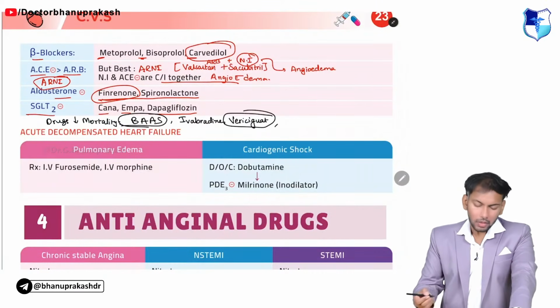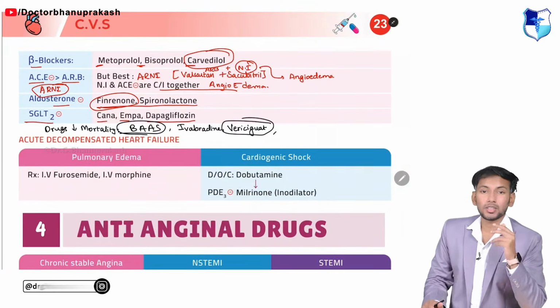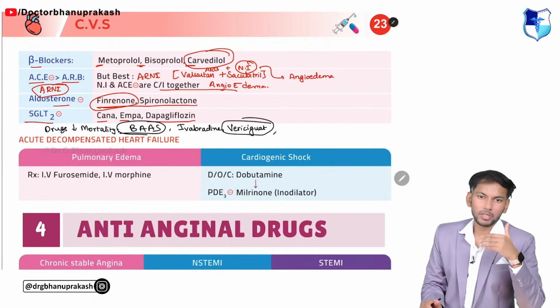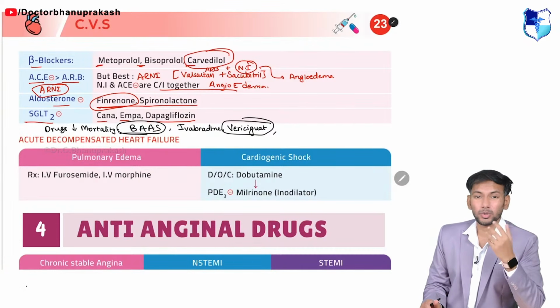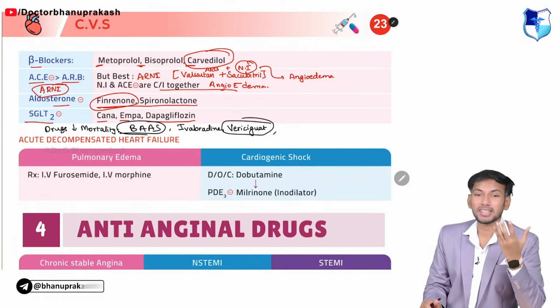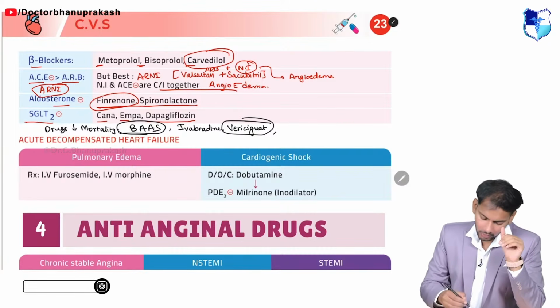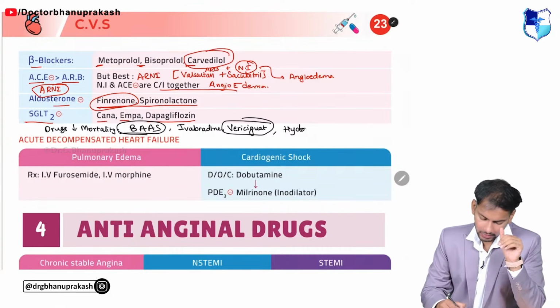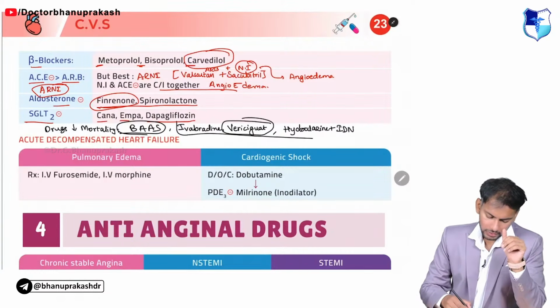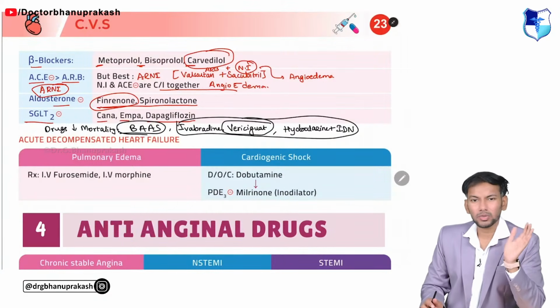It is a guanylyl cyclase stimulator. Now, last is hydralazine plus nitrate, isosorbide dinitrate. So these three drugs will also decrease mortality to some extent.